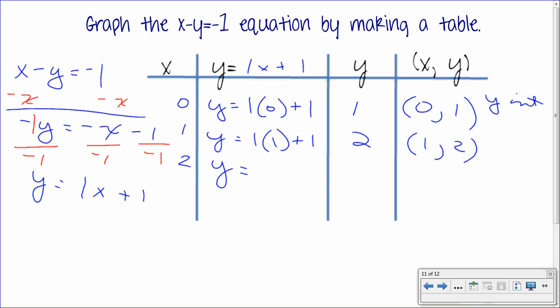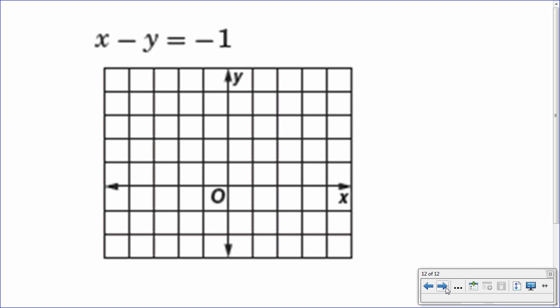Keep going faster. 3. Then take these 3 points, and in box 4, go ahead and plot them. What was my first one? Positive 1 or negative 1? 1 and 2, was that the next one? Yep.